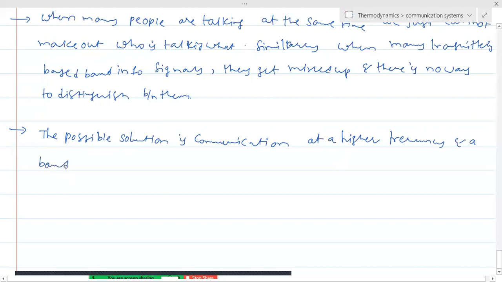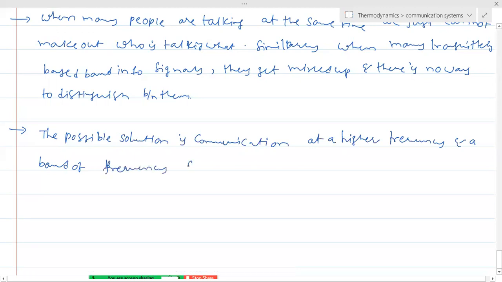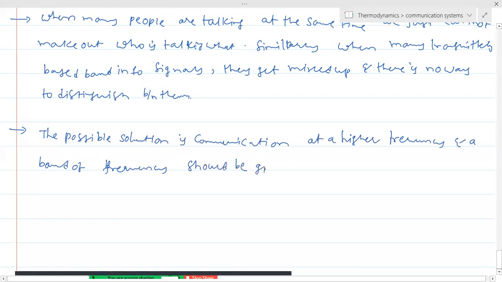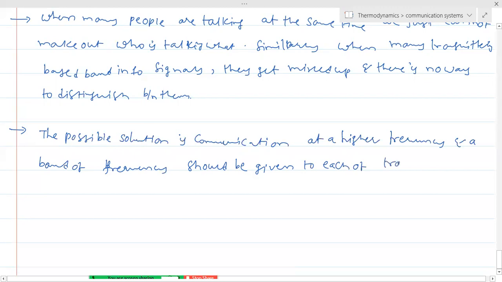So that means a band of frequency should be given to each transmitter.